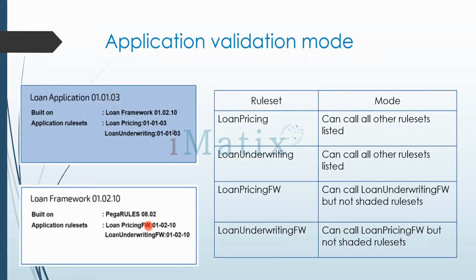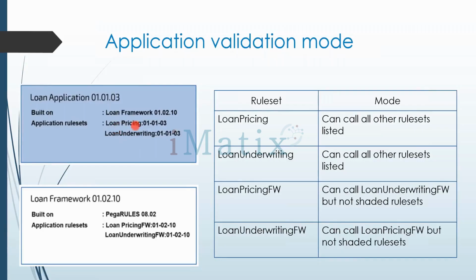Now, loan pricing FW, can it access rules from the loan application, from your loan pricing or loan underwriting? No, because for one thing, they are not part of the same application. And if we try to check, they are above it in your stack. They are not below.